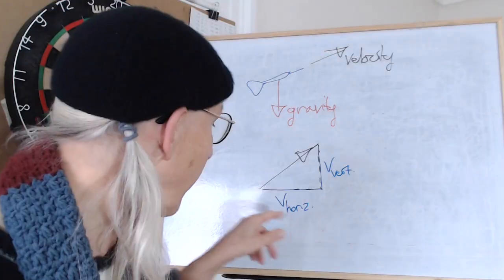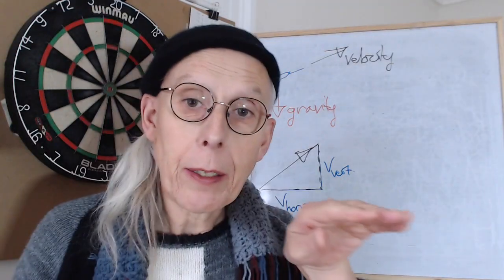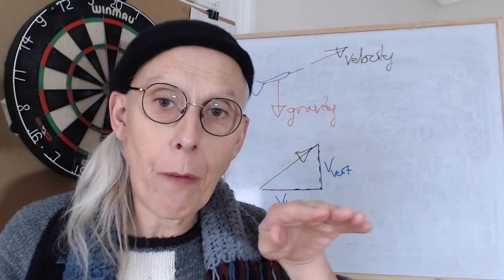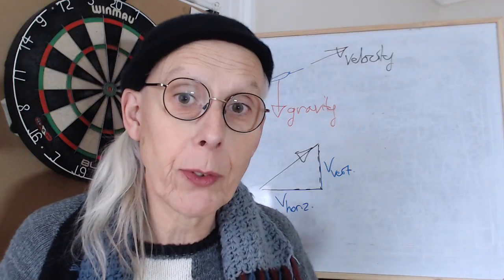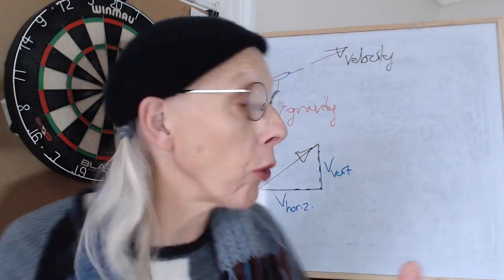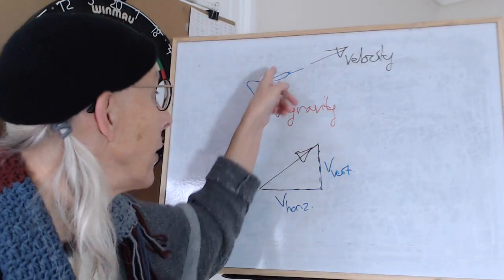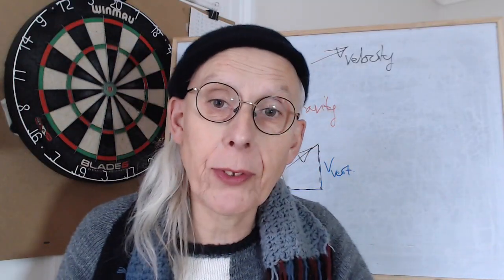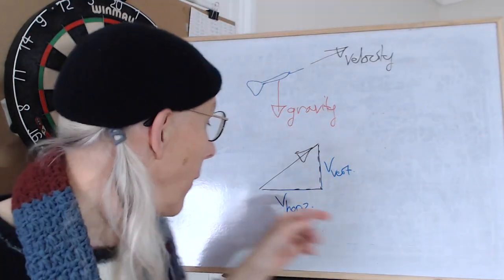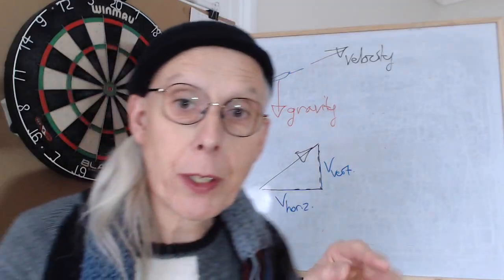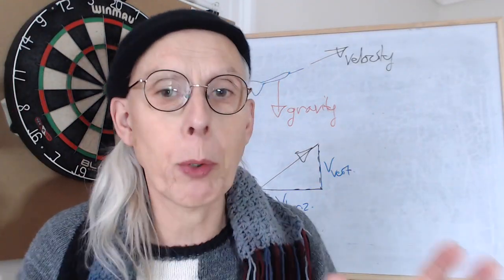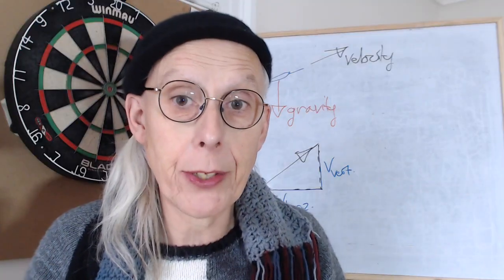And what you'll see is, as far as the horizontal, what we call the component of the velocity is concerned, there's no force. There is no force because the force is acting due to gravity straight downwards. That means that this horizontal component of the velocity does not change. That's so important. It does not change.